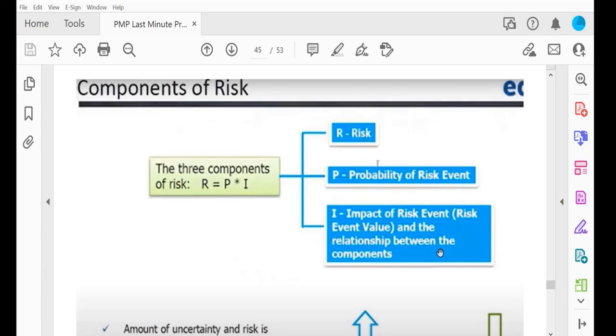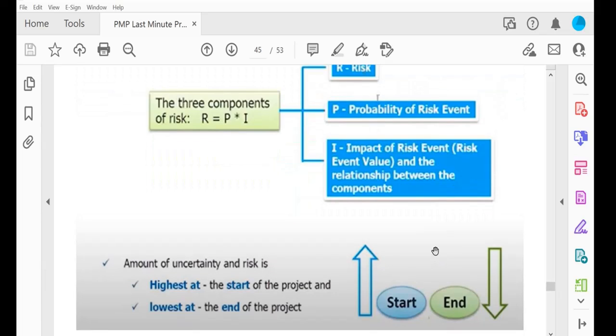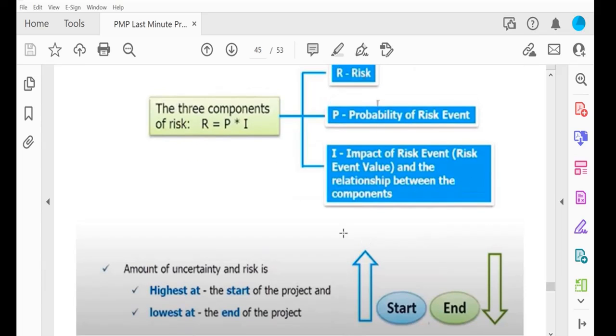For example, someone is going hunting, and there are lots of wild animals there, so there will also be a chance of tigers, lions, something like that. The probability of having tigers is around 2%, but if a tiger comes, the impact will be 100%. That means you will lose your life.